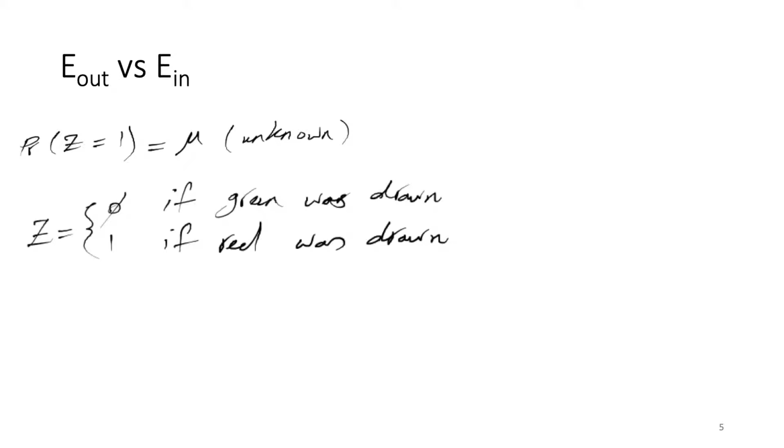In this case, we define z as 0 if green was drawn from the bin, and it's going to be 1 if red was drawn, right? So this function returns either 0 or 1, and they are random variables. So in statistics, we call this function z the Bernoulli distribution.